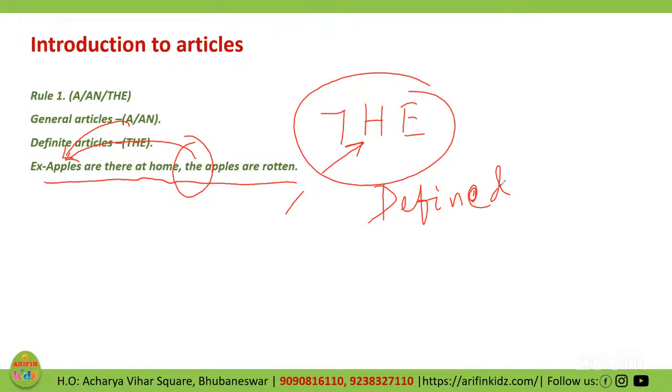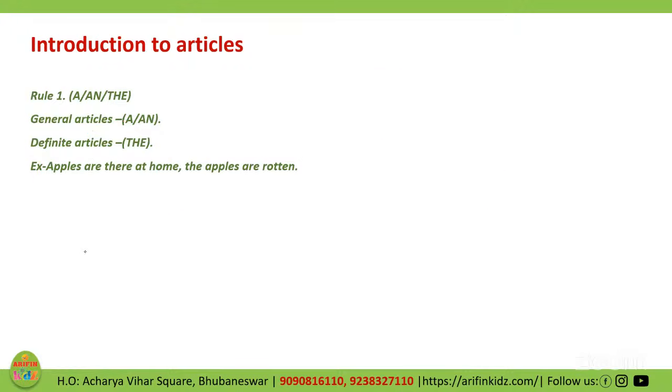For example, here apples is introduced, so we can say the apples. It is specifying the apples which are there at home. So the rule is simple: in order to use a definite article in the sentence, the noun has to be introduced first.